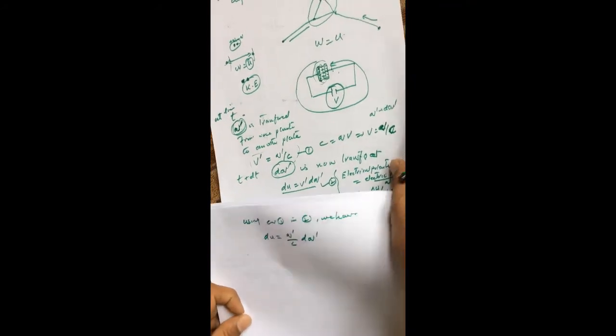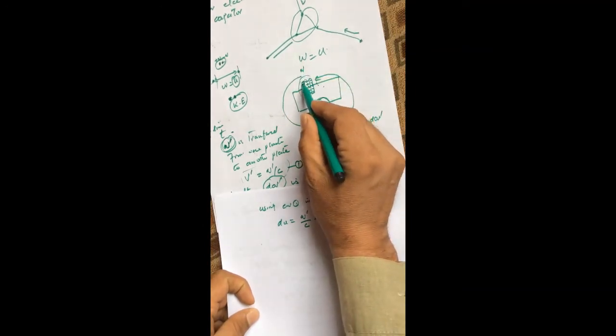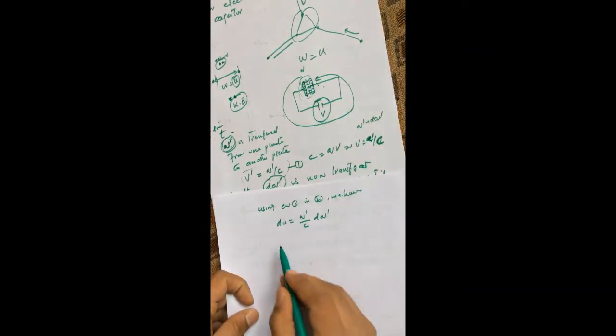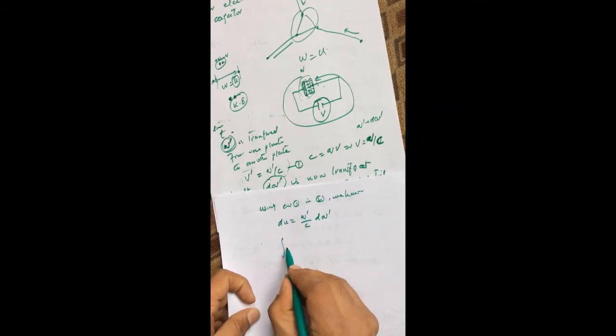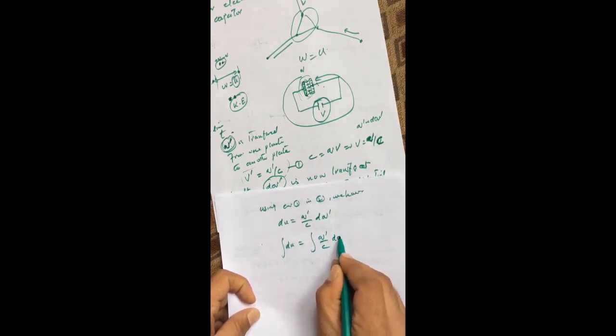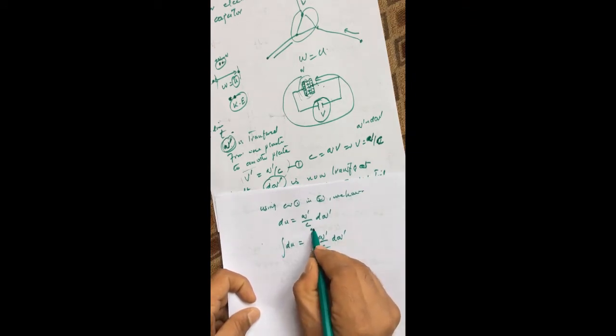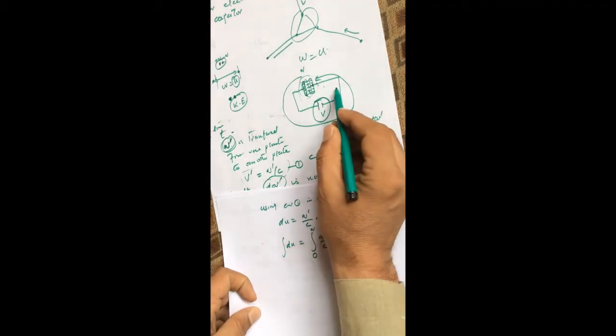If I say that the total charge Q is transferred from this plate to this plate, then the total potential energy stored in the capacitor is dU, which is equal to Q prime over C dq prime. Initially there was zero charge transfer, and finally the total charge is transferred from this plate to this plate.